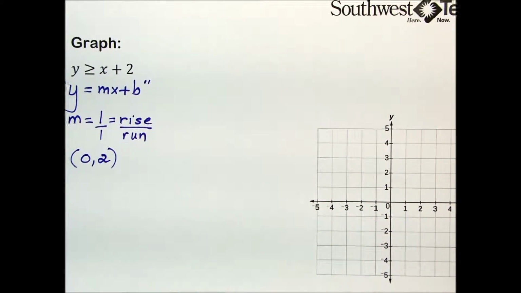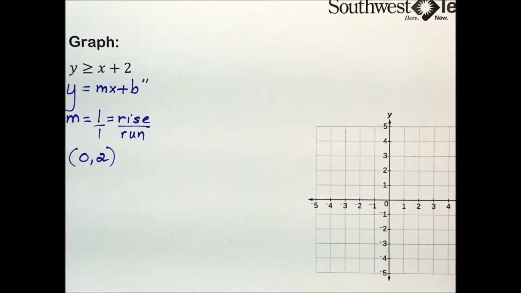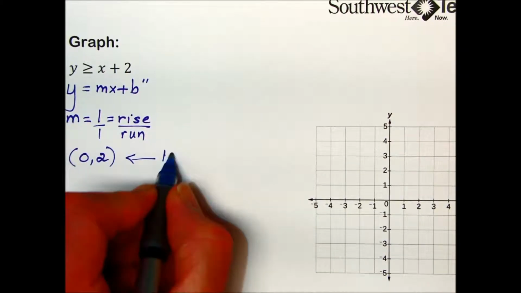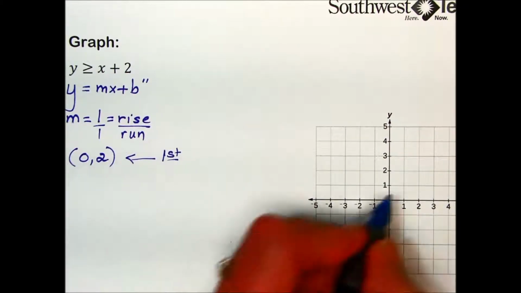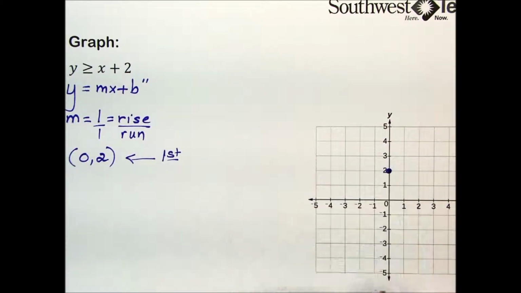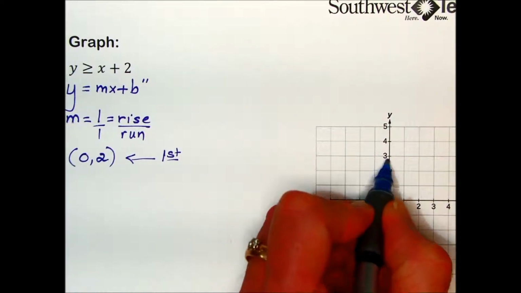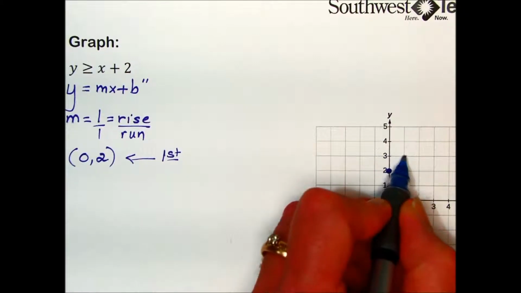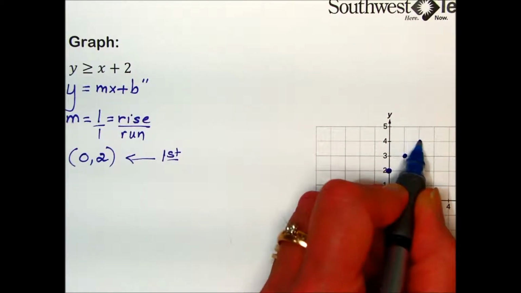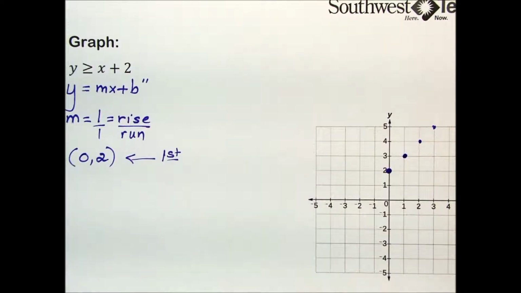And we'll graph that information. Starting always with the point, we need to have an anchor. It's our y-intercept, and then we'll move away using the slope of 1 vertical rise for every 1 horizontal run, continuing on up 1 over 1.